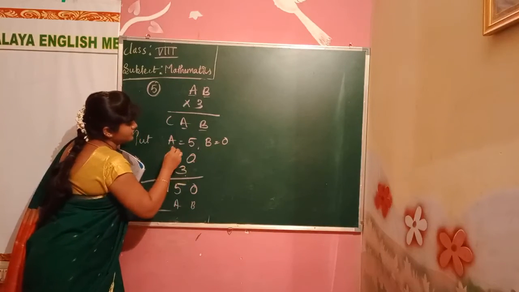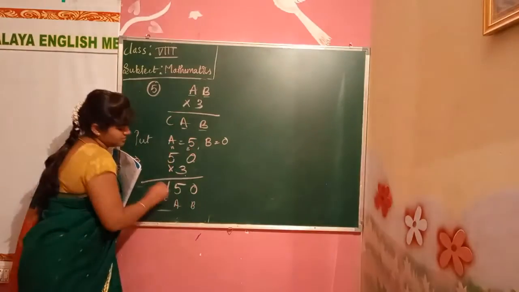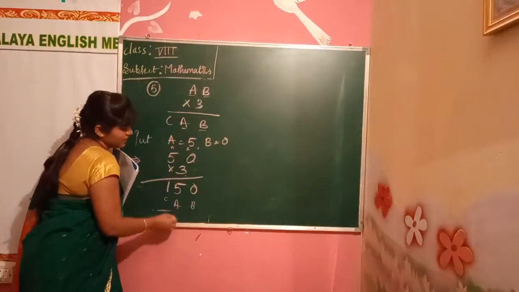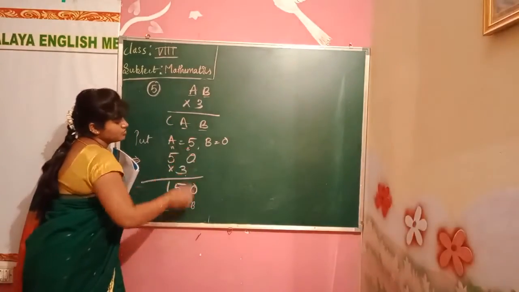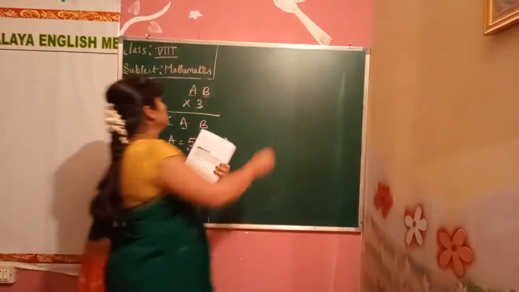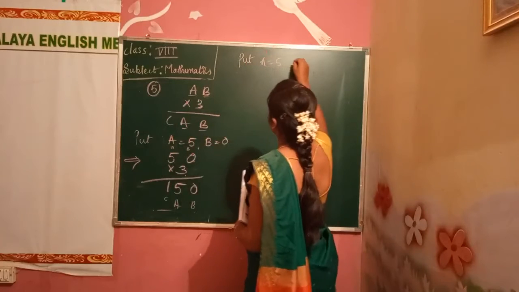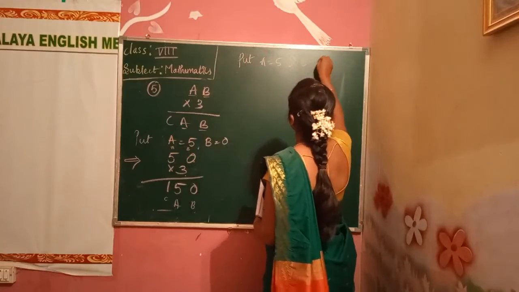Okay, here it is a and here it is b. See here we got the same answer and this is c. Yes, we got a 5, here also we got 5, b 0, here also we got 0. So this holds. So put a is equals to 5 and b is equals to 0.